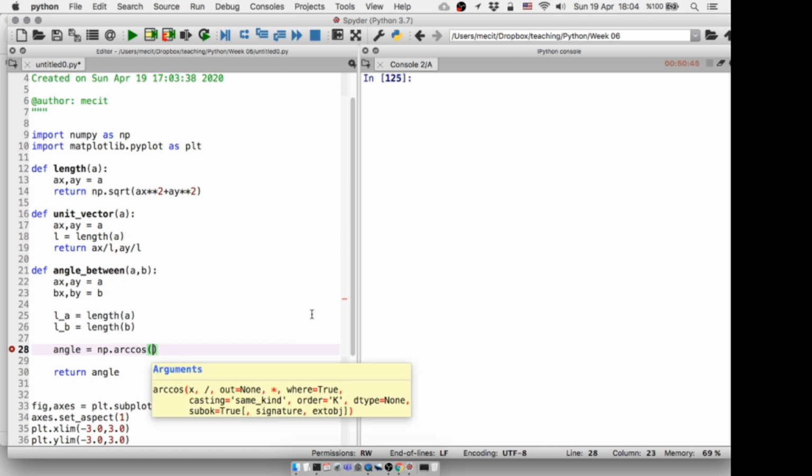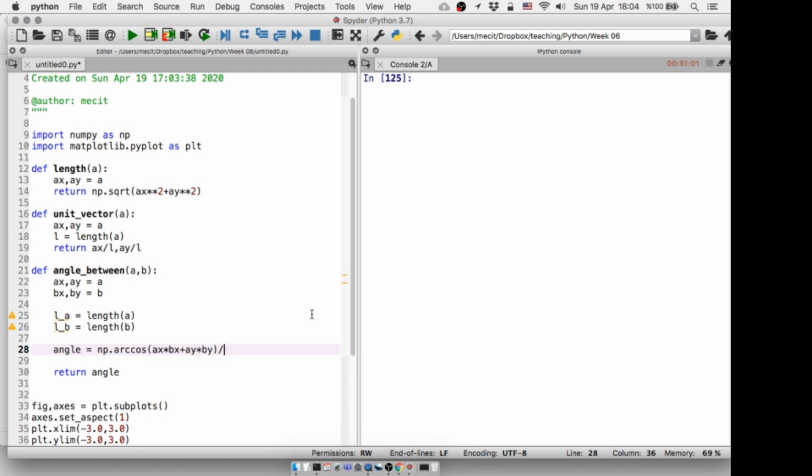Now the dot product of two vectors is easy if you know the components, because you just multiply the components: ax bx plus ay by, over the length of these two vectors according to the formula.